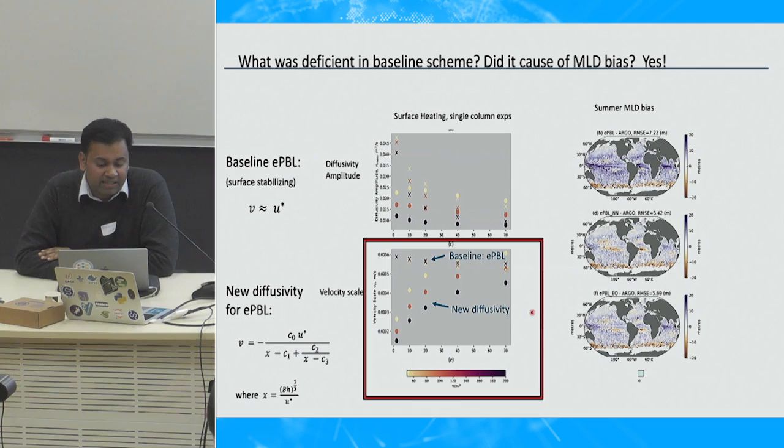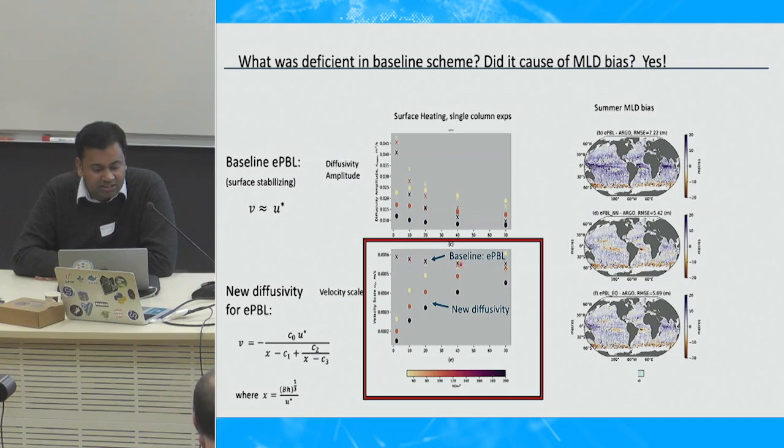I had a hypothesis that this is due to the surface heating conditions. So I gave a stabilizing surface heat flux, and I found that the velocity scale for the baseline scheme doesn't respond properly to the change in the surface heat flux. The baseline scheme is given by these crosses over here.